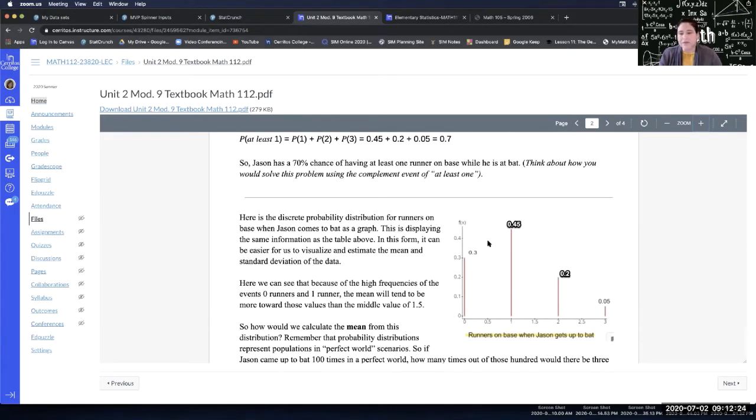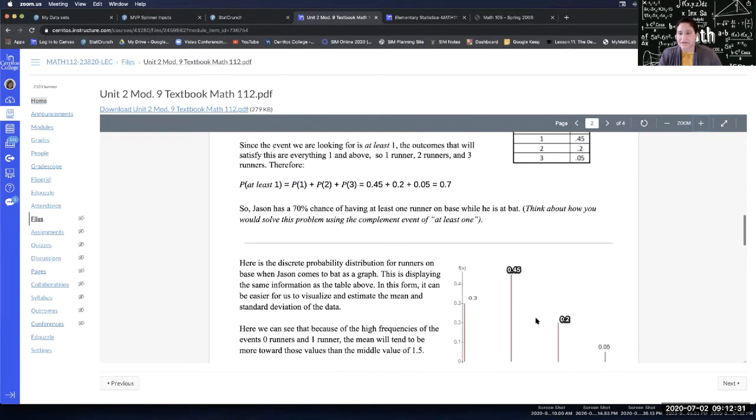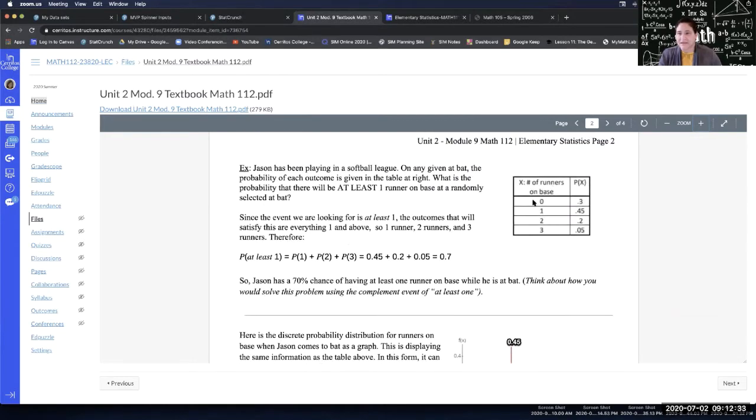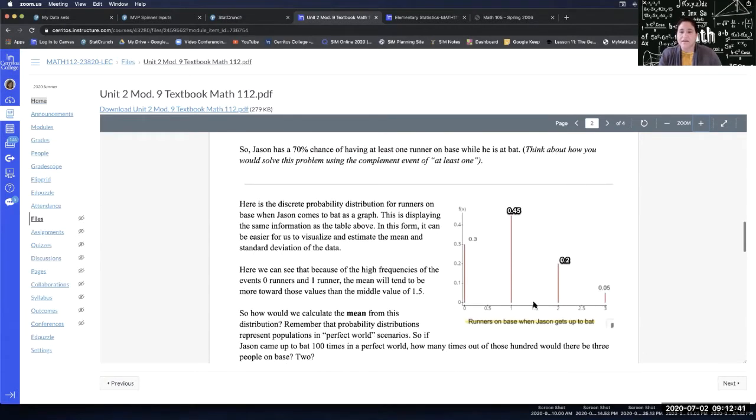When you put it in this form with the graph, it's sometimes easier, because with the table, I ask, what's the mean? And everybody goes to the middle here. They don't even look at the weights of the probability. They just say 1.5, but that's not the mean. The mean is actually a little closer to the 1 and the 0, because more 1s and more 0s are happening than the 2s and the 3s.